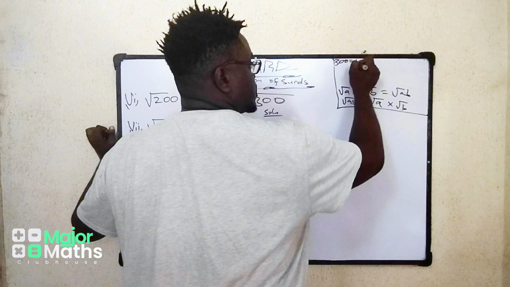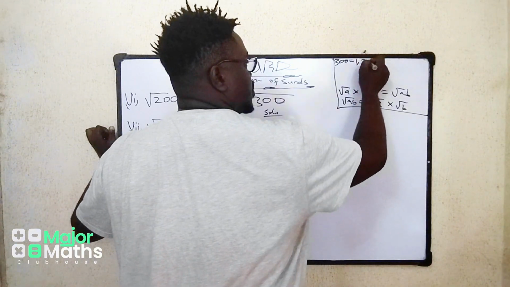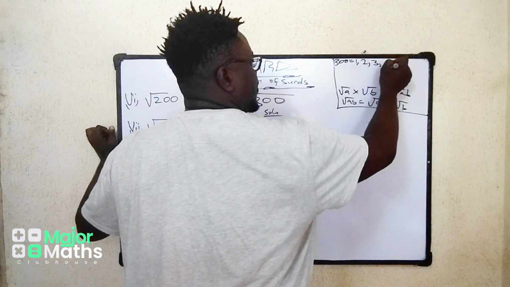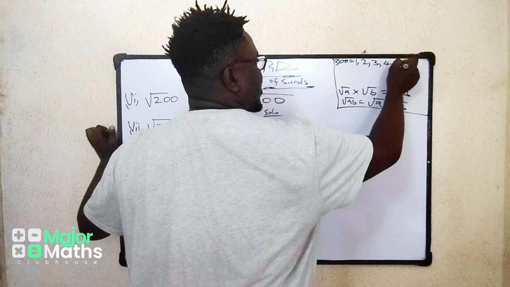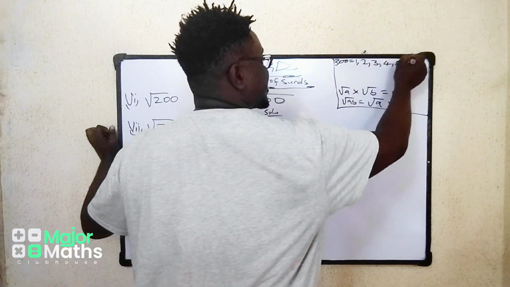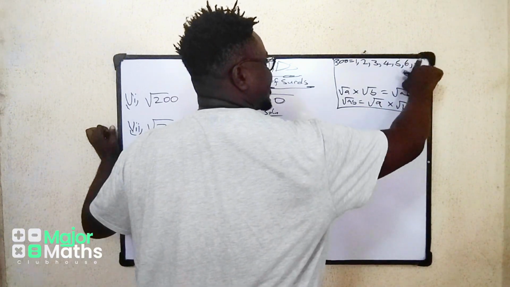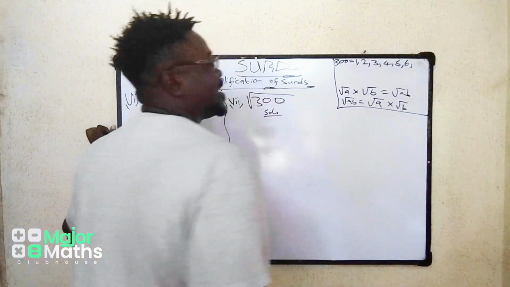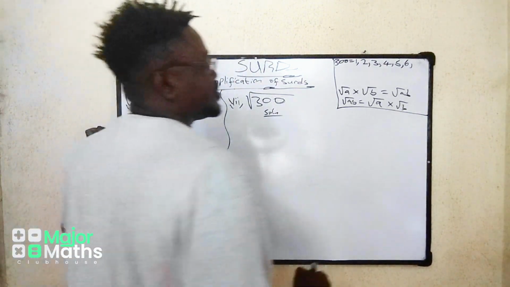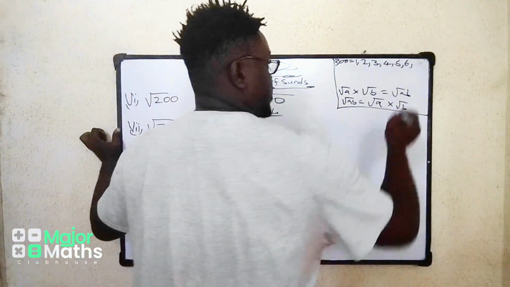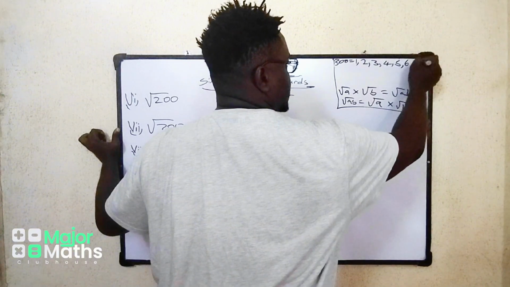So we have 1, 2, 3, 4, 5, 6, we have 7. Nah, in your dreams, 7 is not included. 8, no. 9, no. 10, yes.